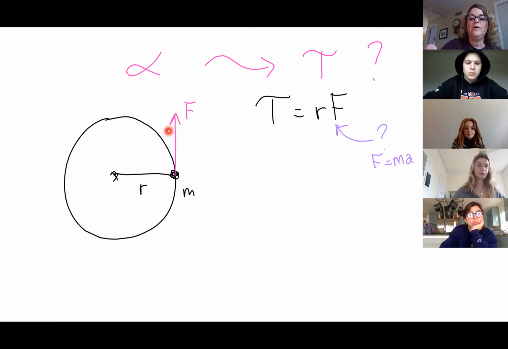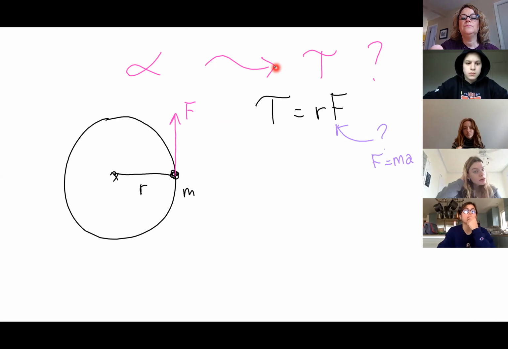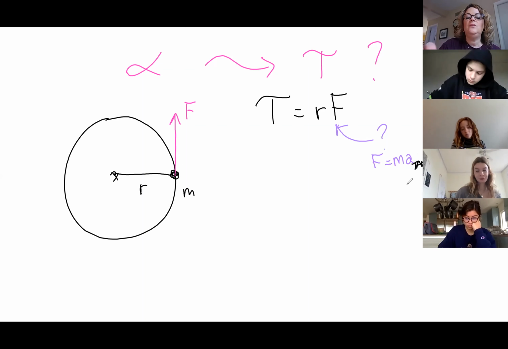Is that what we're talking about there? What do you think? I think it would be tangential. Tangential acceleration, good. So what we're really thinking about here is a tan. Let's continue exploring this idea.